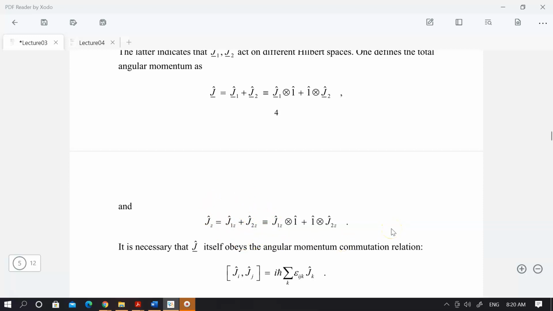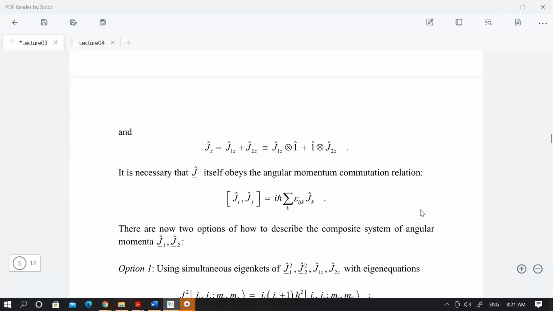So now, just like the case of spin, one can start to build up two different bases of the total Hilbert space. One is coming from the total angular momentum itself.